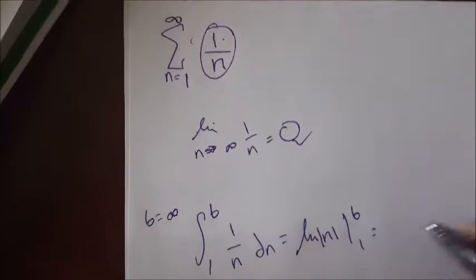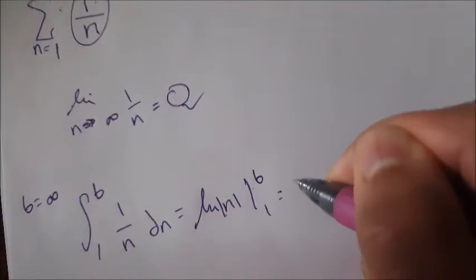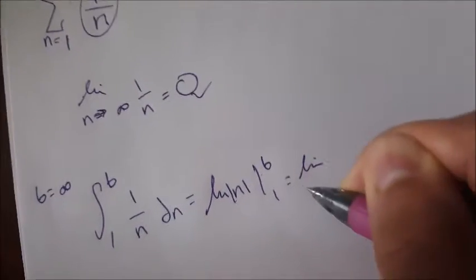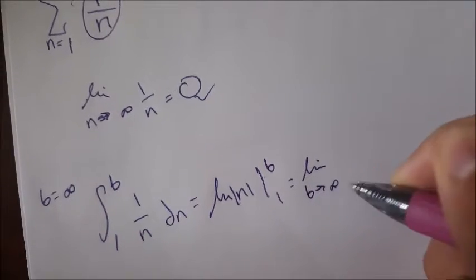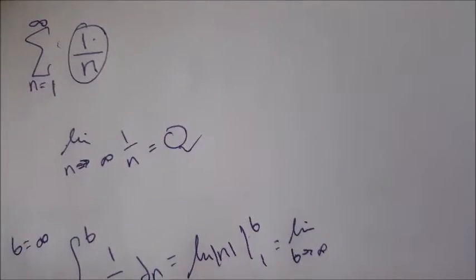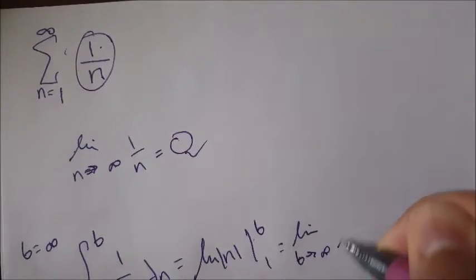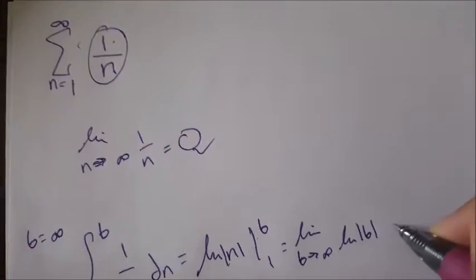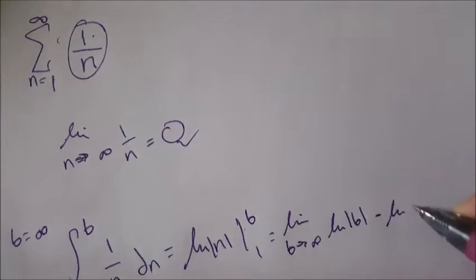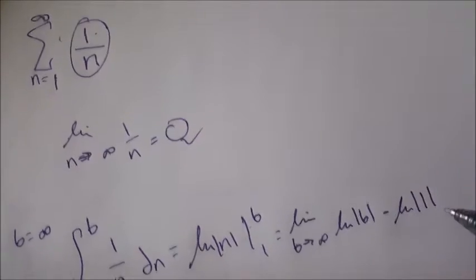Since we know that b is going to infinity, we have to take the limit as b approaches infinity, to keep that notation going, of the natural log of b minus the natural log of 1.